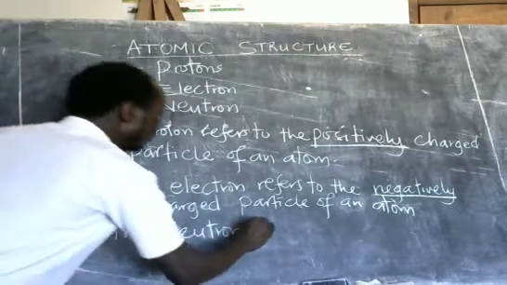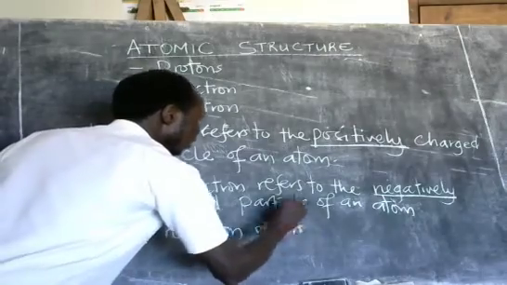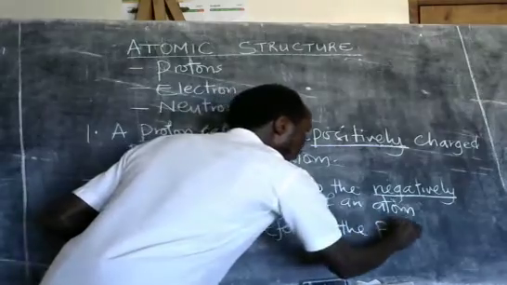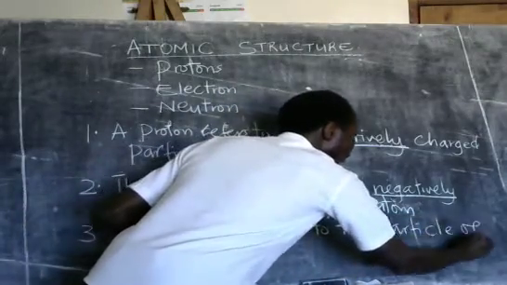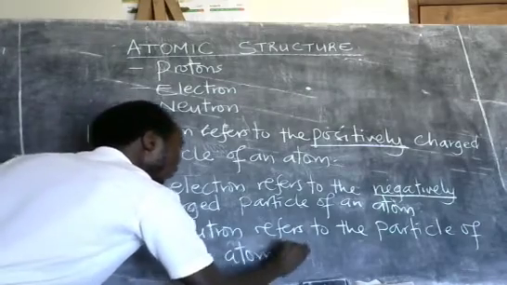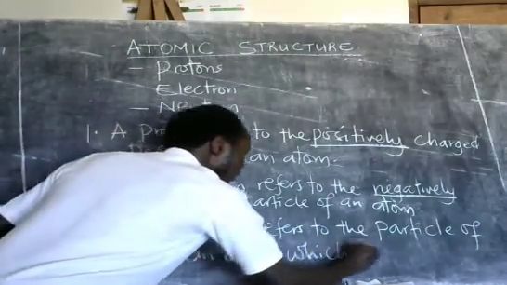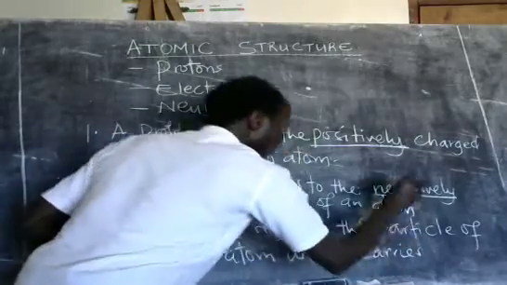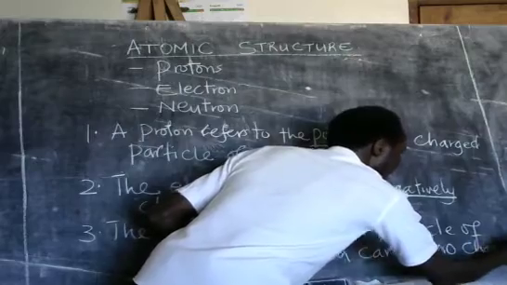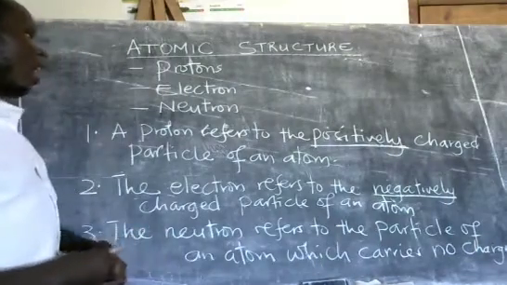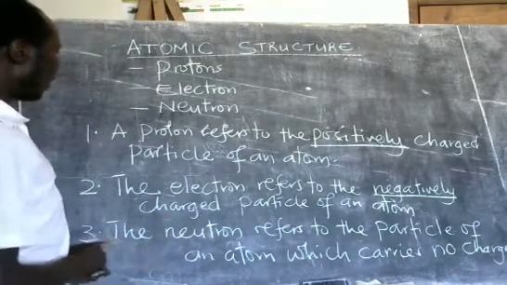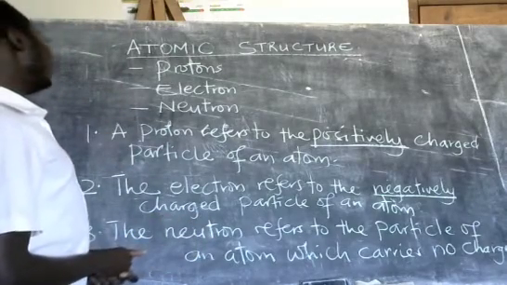The neutron refers to the particle of an atom which carries no charge, meaning it has a neutral charge compared to these two, protons and electrons.